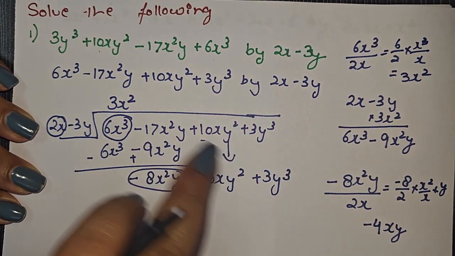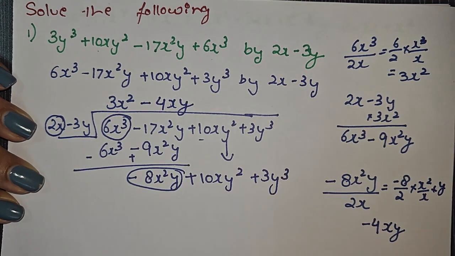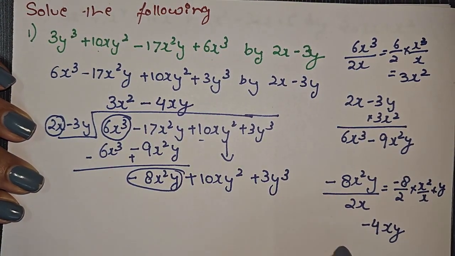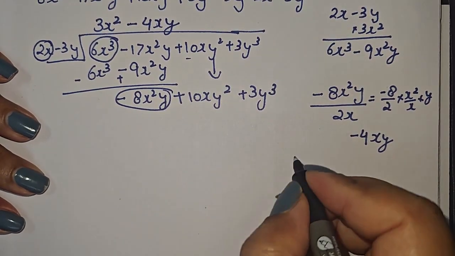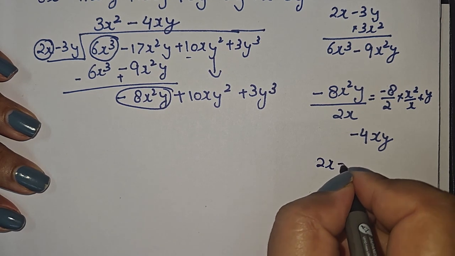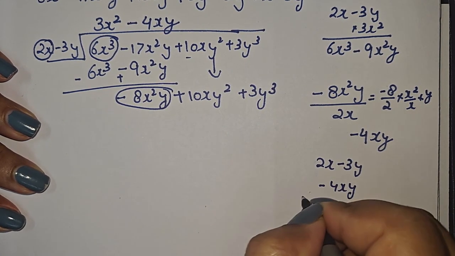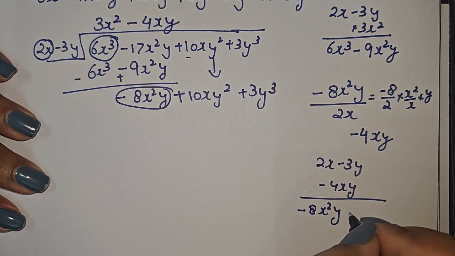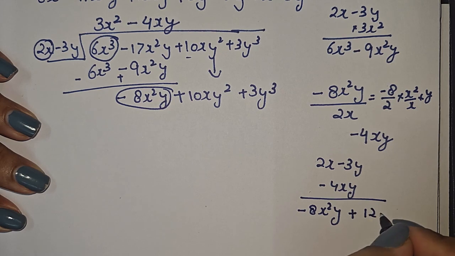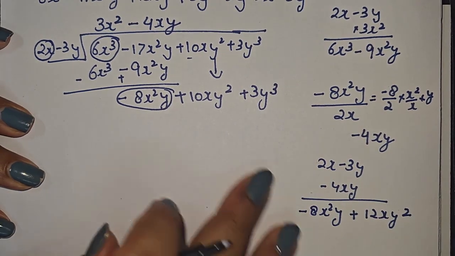So we will put minus 4xy here. Again we will multiply this whole term by minus 4xy: 2x minus 3y into minus 4xy. So it will be minus 8x square y plus 12xy square.